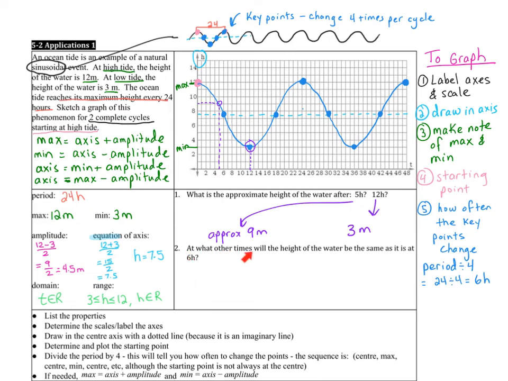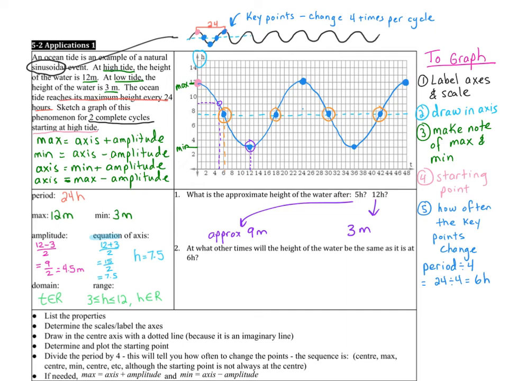And then at what other times will the height of the water be the same as it is at 6 hours? So at 6 hours, we are on the axis. So at 6 hours, we are here on the axis at 7.5 feet. And you're going to be on the axis, in this case, because you're on the axis twice every cycle.